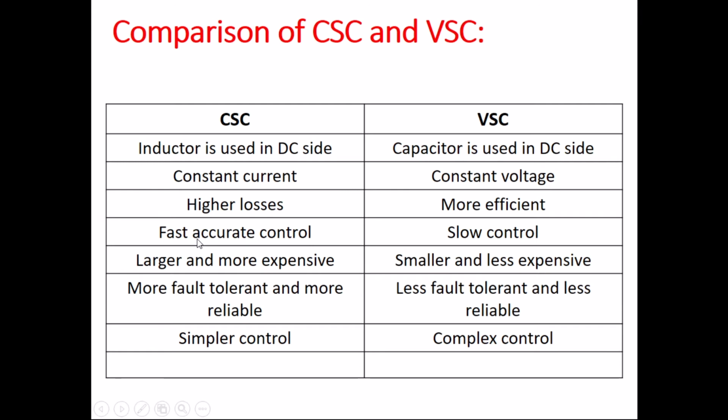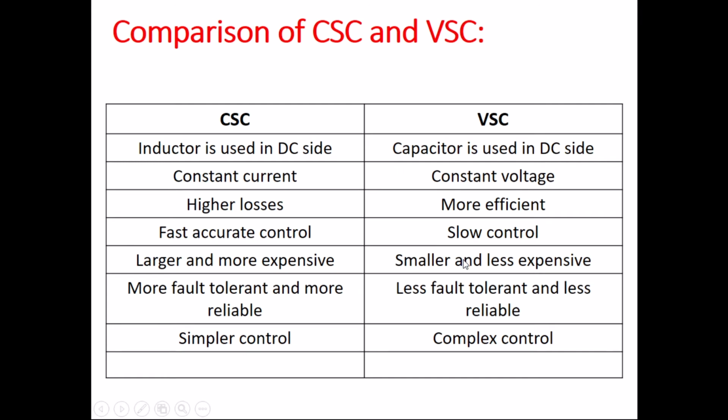CSC provides fast, accurate control as compared to the VSC, because in the VSC we use a capacitor, so its response is very sluggish. CSC is large in size because we require an inductor, which is a type of reactor at the supply side, and the size of a reactor is very high as the power rating increases. So it is very large and expensive compared to the VSC.